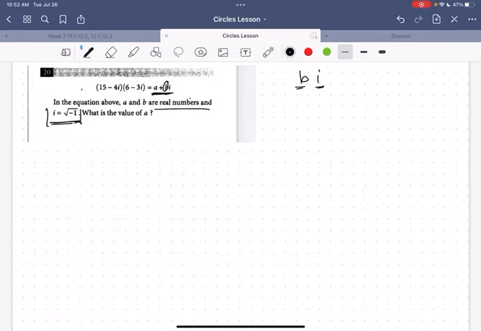So what is the value of a? If you see this, you might get scared because it seems a bit complicated, but you would just use the rules that you already know and you're familiar with to solve this like you would solve any other question. If you were asked to solve this, for example, instead, all you would do is FOIL and you would get an answer. Well, now instead of that, you can just think of it as (15 minus 4i)(6 minus 3i).